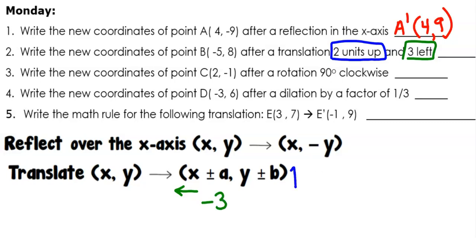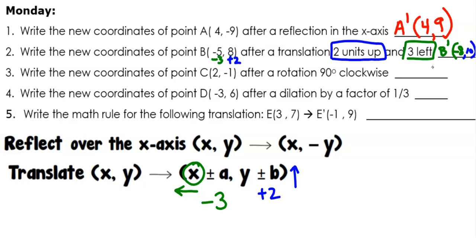When you go up, you add 2. So whatever the x coordinate is, we're going to subtract 3. So that would be B prime, and negative 5 minus 3 is negative 8. The y-coordinate will be added by 2. 8 plus 2 is 10.